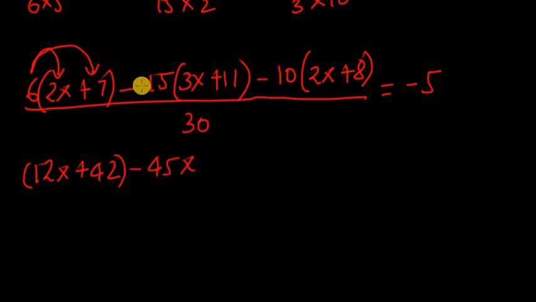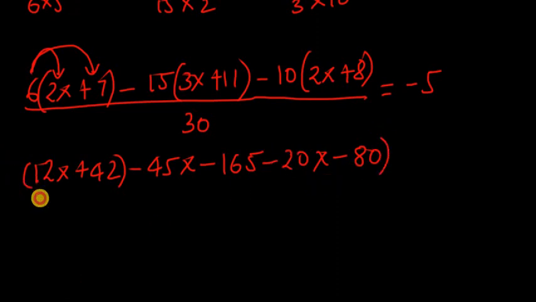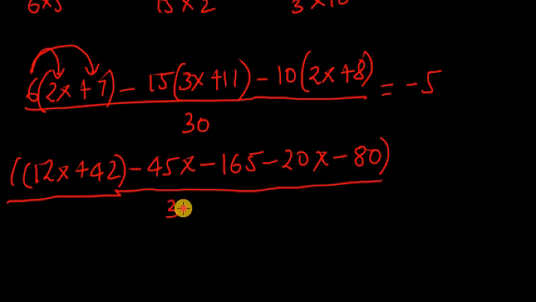Then minus 15 into plus 11 is going to be minus 165, because minus into plus is minus. Then minus 10 into 2x is minus 20x, and minus 10 into plus 8 is minus 80. Then close the bracket, all divided by 30, equals minus 5.